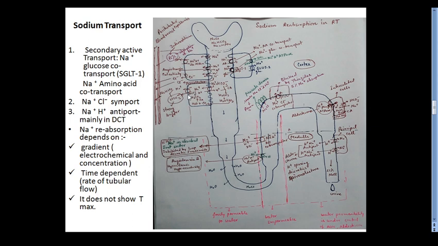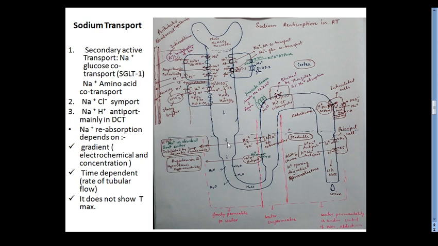So the bicarbonate comes into the interstitium, and the hydrogen ion which is generated is secreted out into the renal tubule in exchange for sodium ion. Means the sodium ion is taken in and the hydrogen ion is taken out into the renal tubule. So this is how the sodium and hydrogen ion antiport is working. The hydrogen ion is basically continuously generated within the renal tubular cells by the dissociation of carbonic acid.